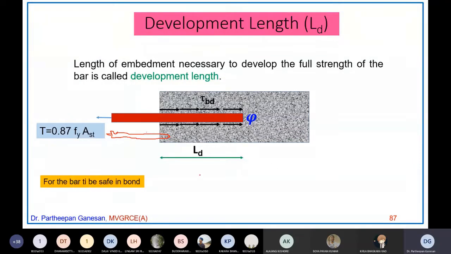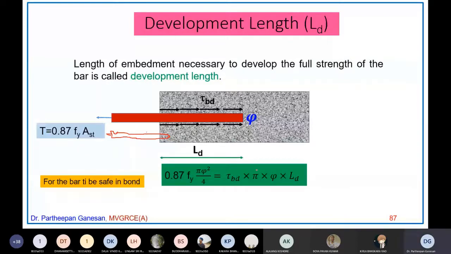Now, for this bar to be safe in bond, this tensile force 0.87 Fy into AST, where the area of steel is pi by 4 phi square, should be equal to the design bond stress, or average bond stress, multiplied by the surface area. What is the surface area? Pi into LD into diameter.